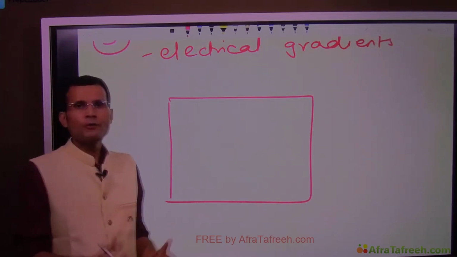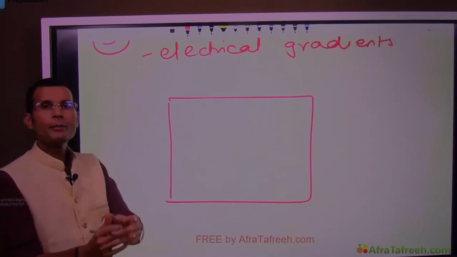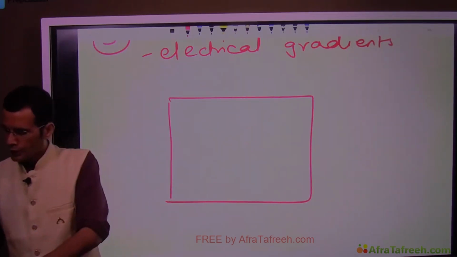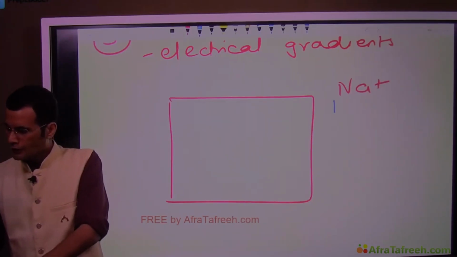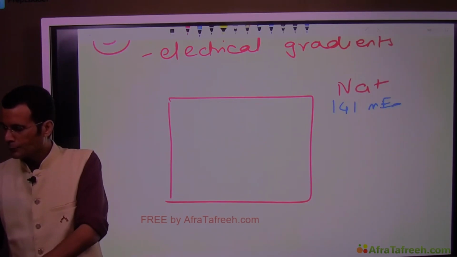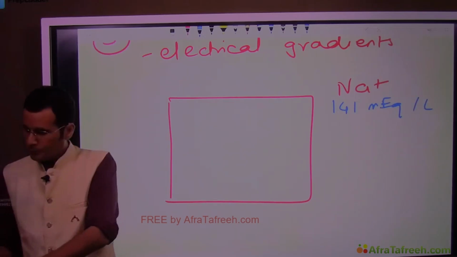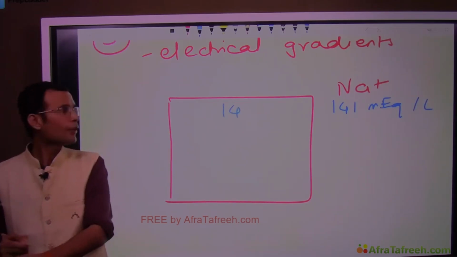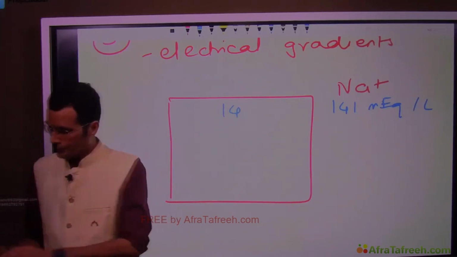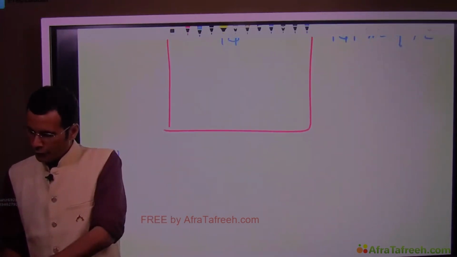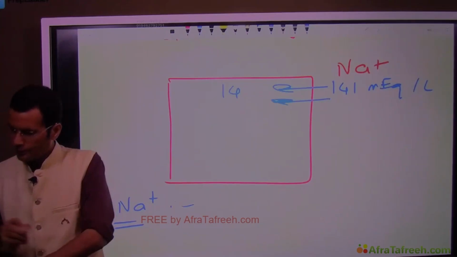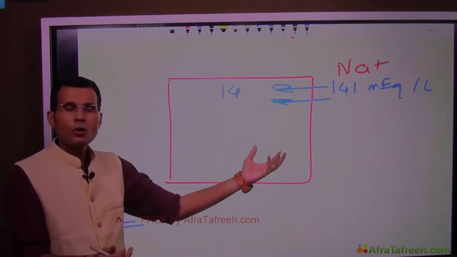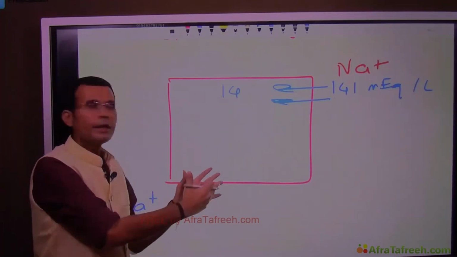There is diffusion of ions. For instance, I mentioned sodium. Its concentration is 141 milliequivalents per liter on the outside and 14 milliequivalents per liter on the inside. So in the case of sodium, its concentration gradient is pulling the sodium into the cell.